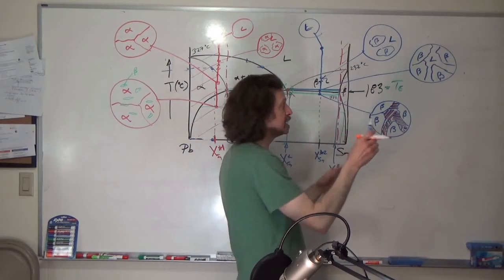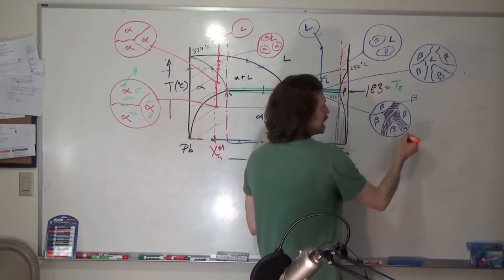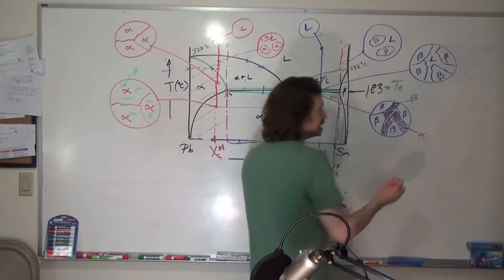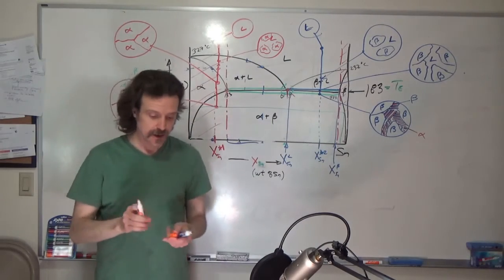Where, in this case, the blue is the beta and the orange is the alpha. It has this striped pattern, kind of a lathe pattern.